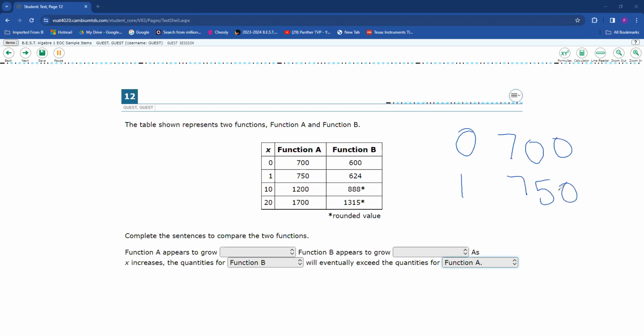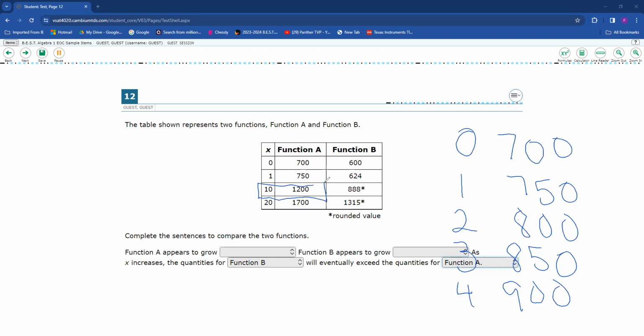Let's say we just want to continue 2, 3, 4, 5, 6, 7, 8, 9, 10. That shouldn't be a problem. 800, 3 would be 850. You can do this on your own, and you will find that as you continue, 4 is 900. By the time you get to 10, you are going to get 1200.